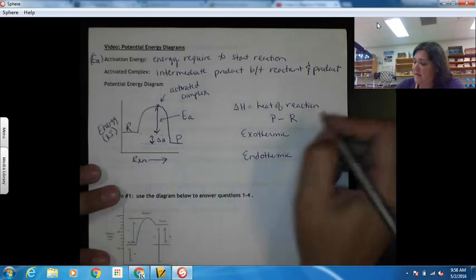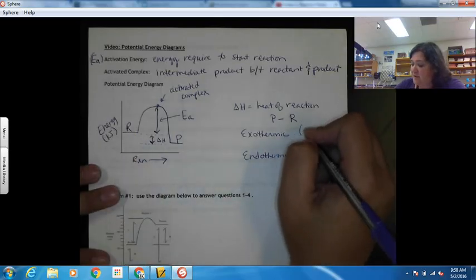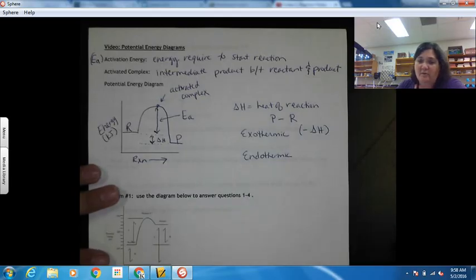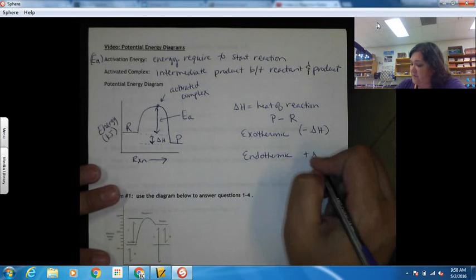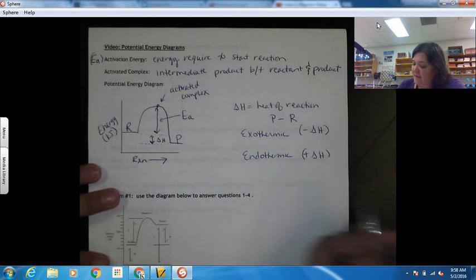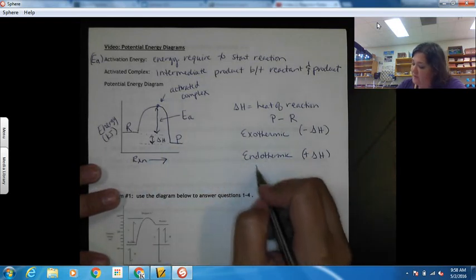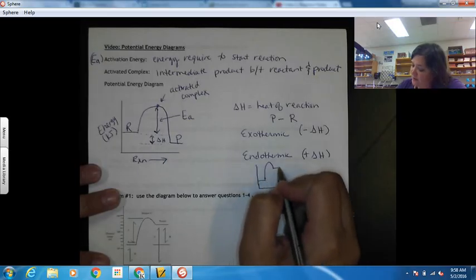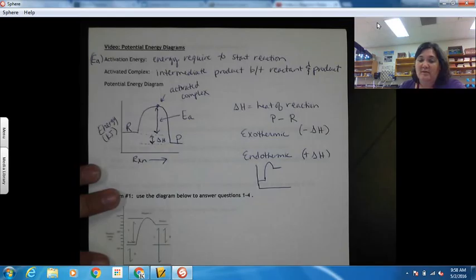And so a negative delta H means that it is exothermic. And we've talked about that before. So for endothermic, we would have to have a positive delta H. And the graph then would change. It would look where the reactants are lower in energy than the products. So it would look more like that.